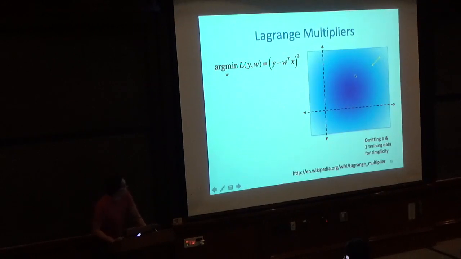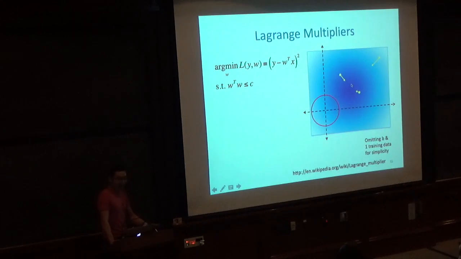Sorry, excuse me, I should explain. This color coding corresponds to this loss function. So the minimizer is right here. If our W is right here, the negative gradient goes in this direction. If our W is right here, the negative gradient goes in this direction, and so on.